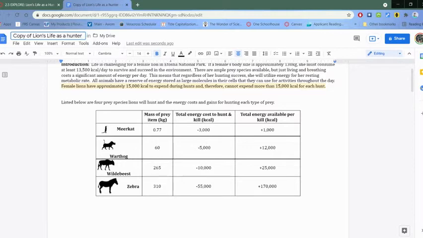So meerkat, which is a very small animal, it costs a lion 3,000 kilocalories to hunt and kill a meerkat, and they're able to gain about 1,000 calories when they eat that meerkat. So you can see how that works out for 3 of these other primary prey species.